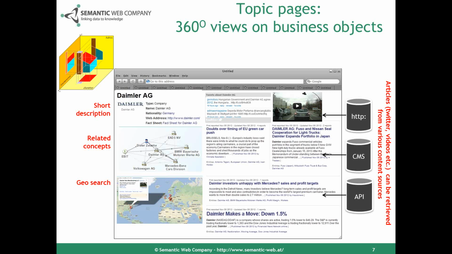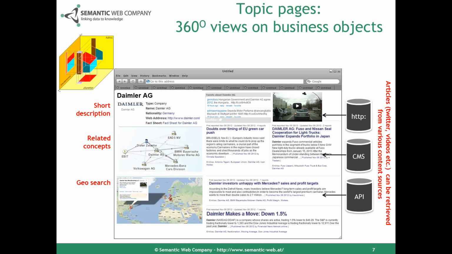And the second use case I was talking about, the topic pages, could look like that. You collect data or information from different sources in your enterprise stack, like also from the web, from your content management systems, from different APIs, and you pull together information from different perspectives to build a big picture around a certain business object.